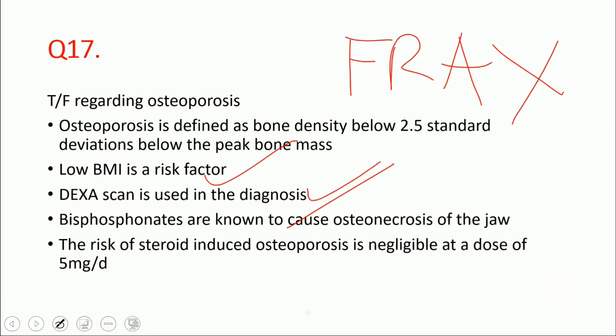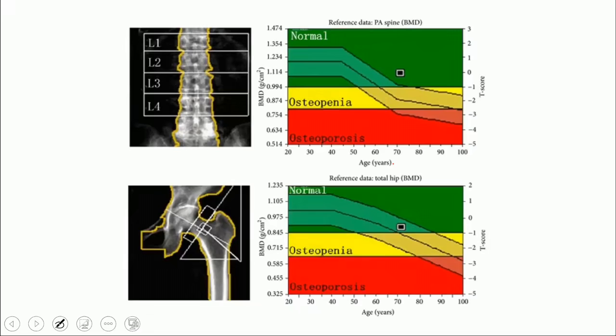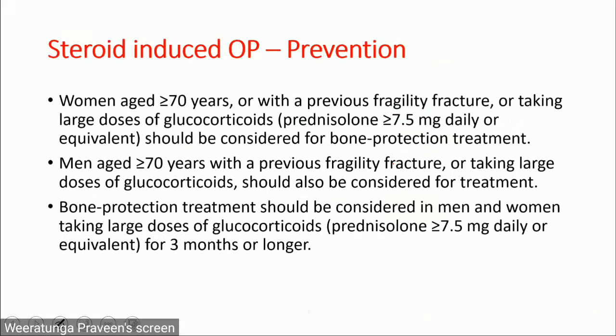Now, over the years, steroid-induced osteoporosis has become a big problem. I have given you a small slide about that. Currently, the recommendation is if you are giving a patient prednisolone more than 7.5 milligrams or equivalent, for more than 3 months, you have to give them bone protection prophylaxis.